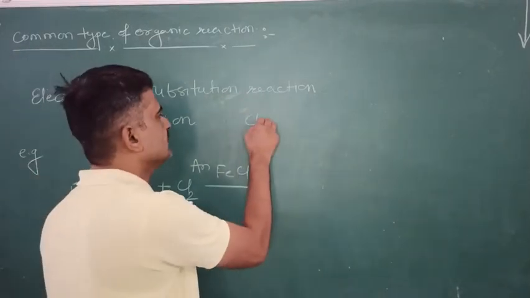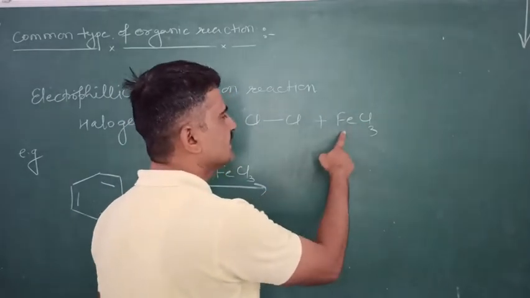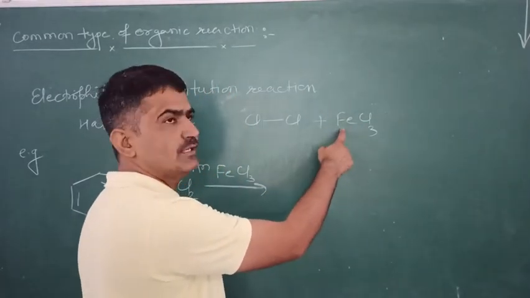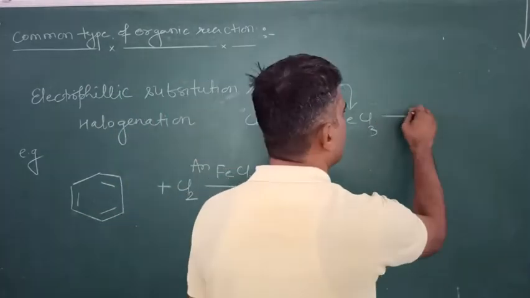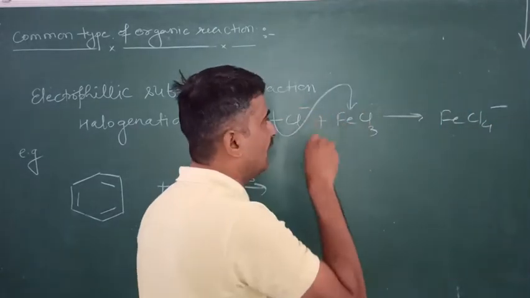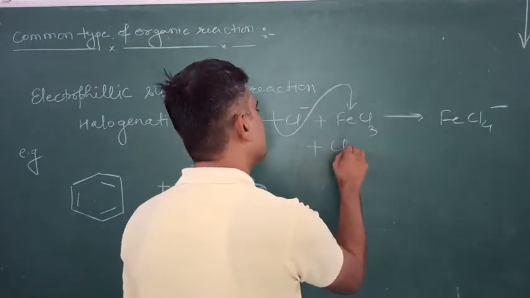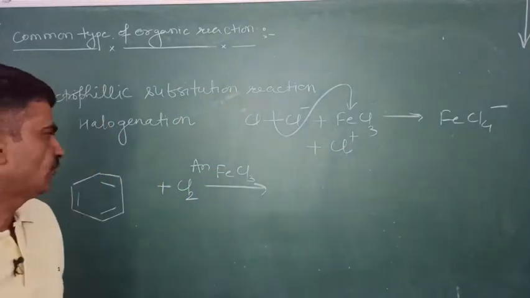How? This is chlorine and this is ferric chloride. This is deficient in electrons, it has 6 electrons in the valence shell. So the chlorine negative ion joins with this and forms FeCl4 negative, and it will generate a positively charged chlorine ion that is known as an electrophile.